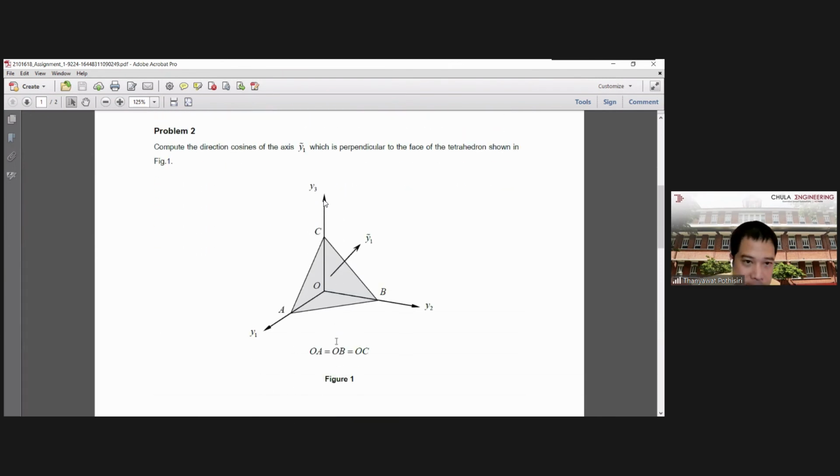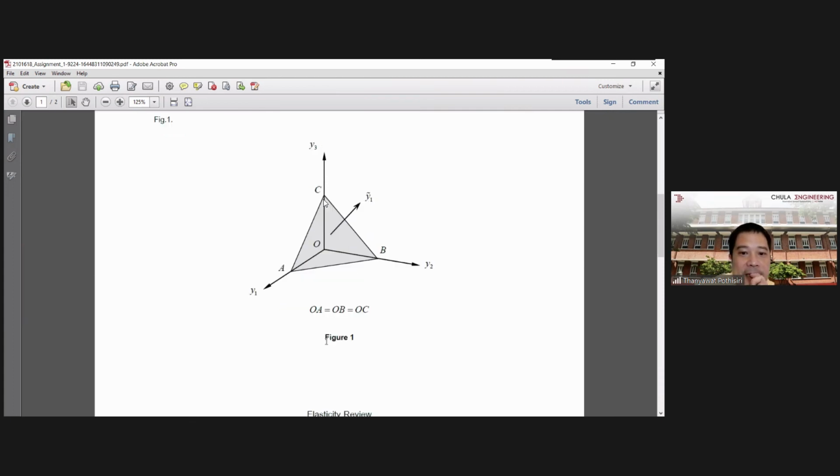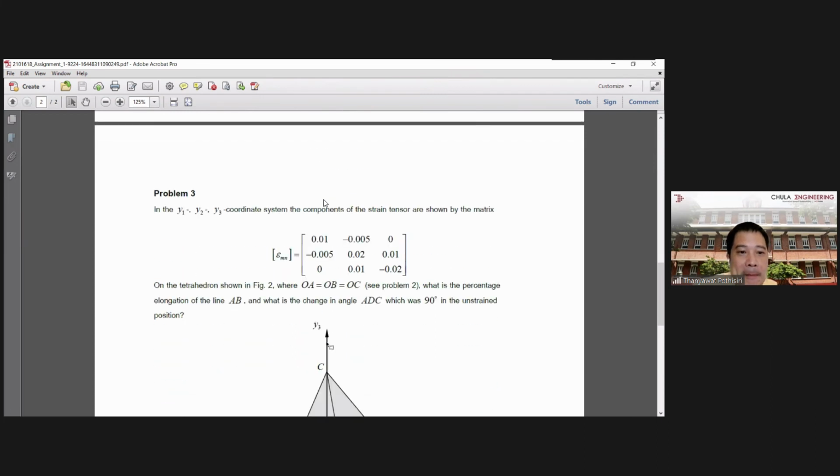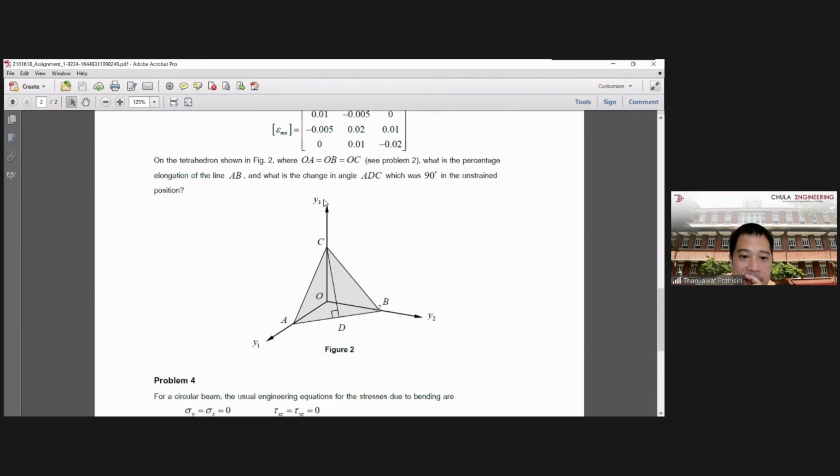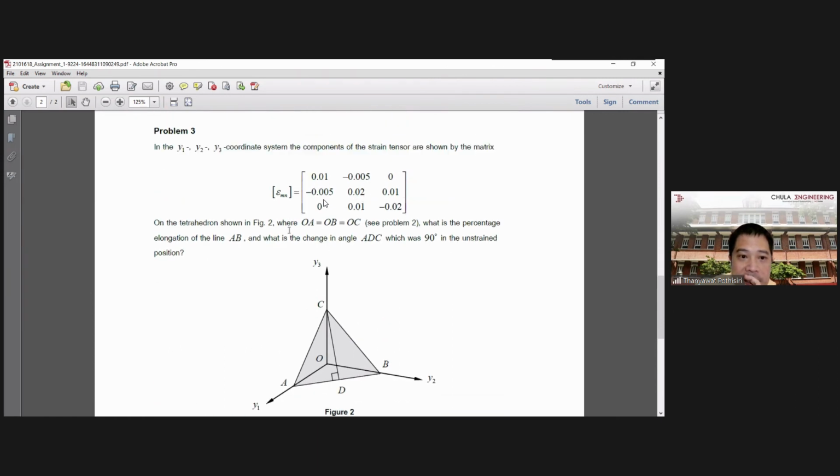Now, problem 2 asks you to compute simply the direction cosine of x. This is straightforward. And in problem 3, you are asked to compute the percentage of elongation of line AB.